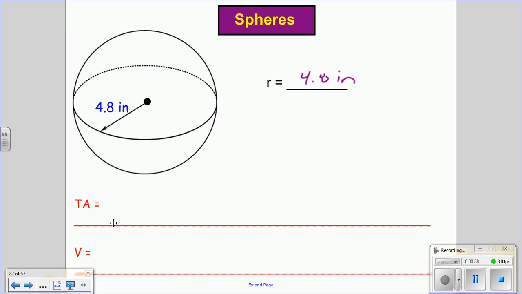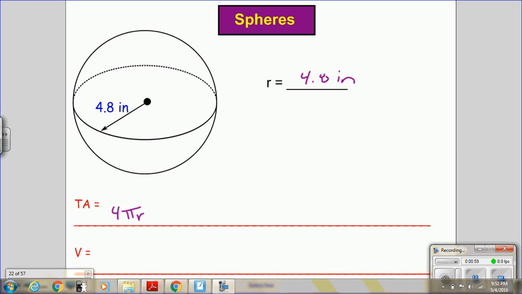The formula for total area is 4 times pi times radius squared. So that means it's 4 times pi times 4.8 squared.